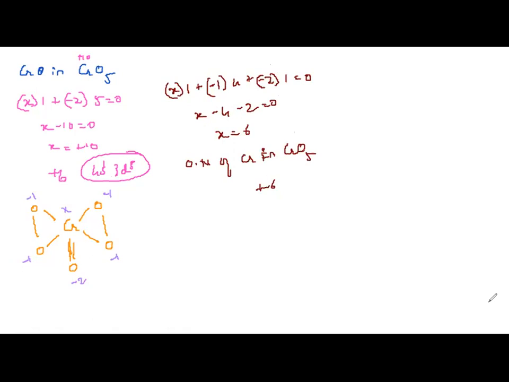So these are type 1 molecules. Coming to the next one, type 2 molecules. What are these type 2 molecules? In type 2 molecules, if they contain covalent or coordinate bonds, what are the rules? For each covalent bond between dissimilar atoms, the less electronegative atom is assigned +1 and the more electronegative atom is assigned -1.